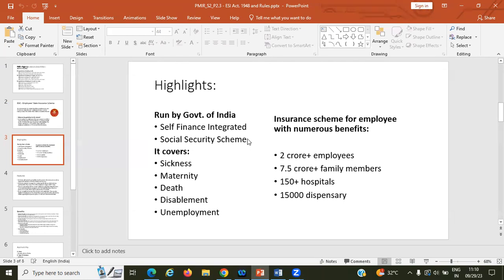This is a government scheme which generates finance from the employer and employee and gives benefits to the people who are working. And what are the benefits? It covers sickness, maternity, death, disablement, unemployment.